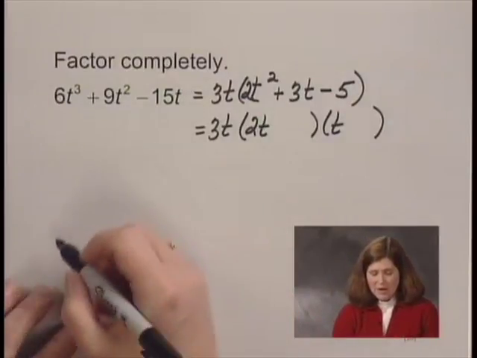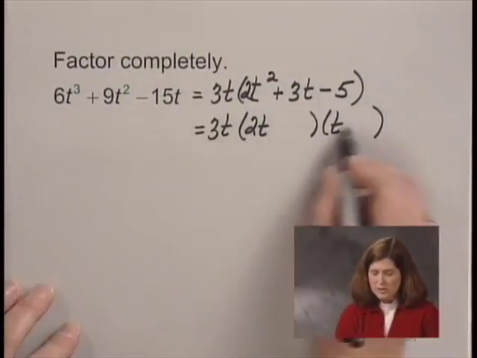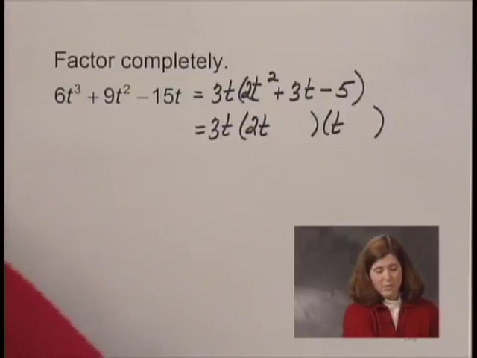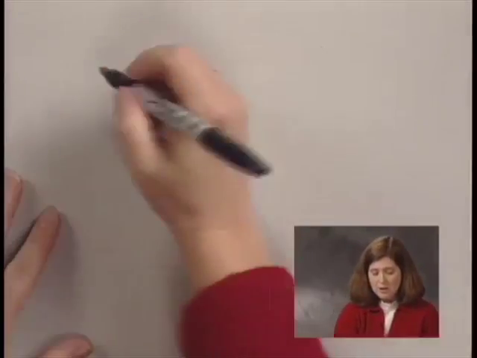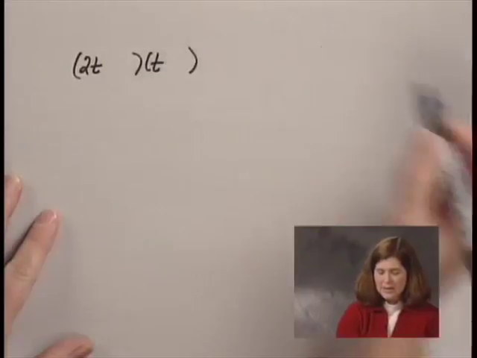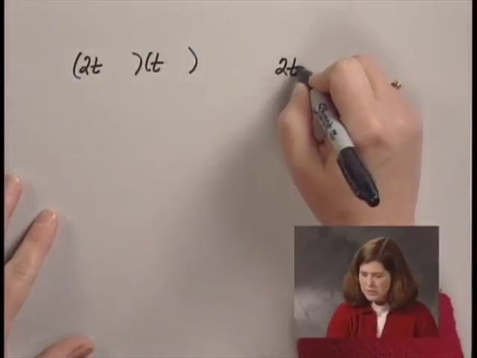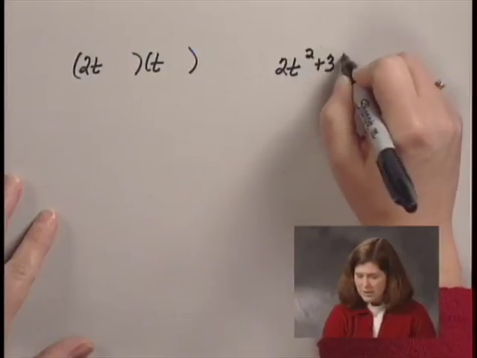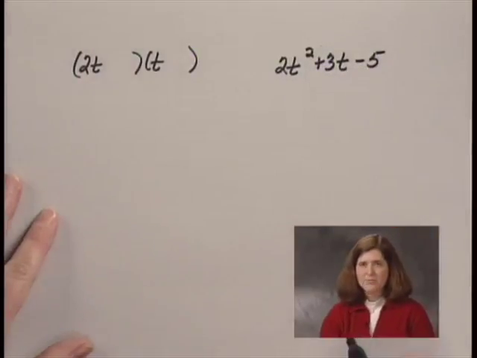So I can think of, on the side, just looking at these two parts here, 2t and t, and I want 2t squared plus 3t minus 5.